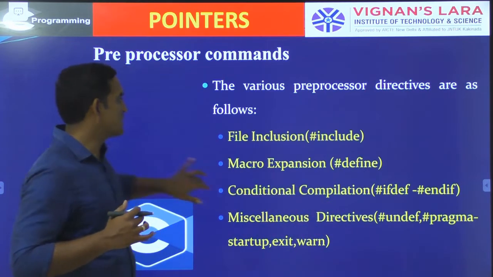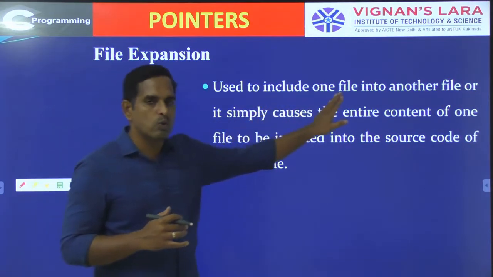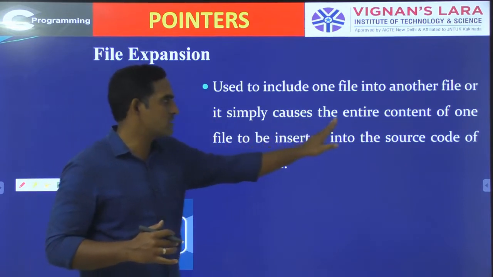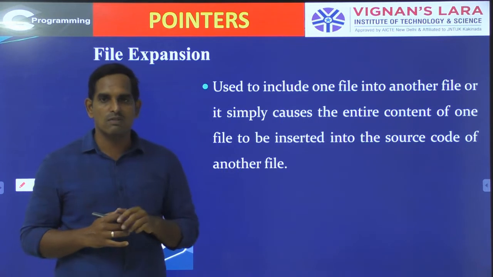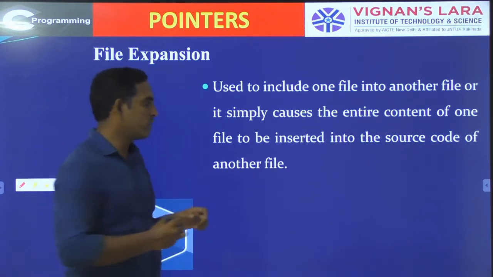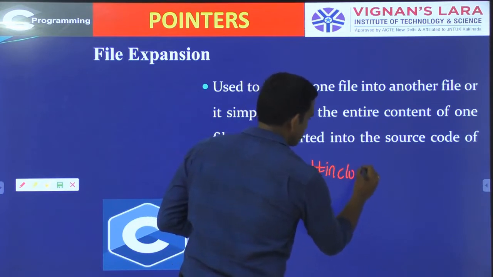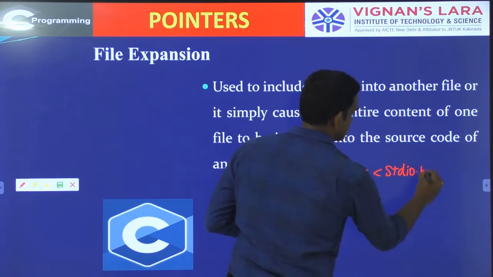So the first part is the file inclusion part. The file inclusion is used to include one file into another file, or it simply causes the entire contents of one file to be inserted into the source code of another file. So you will be writing at the start of the code, like hash include stdio.h.